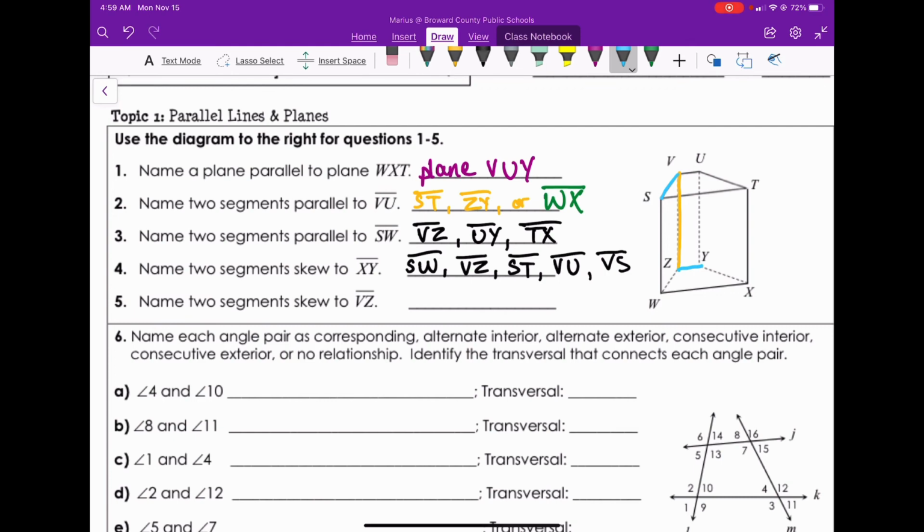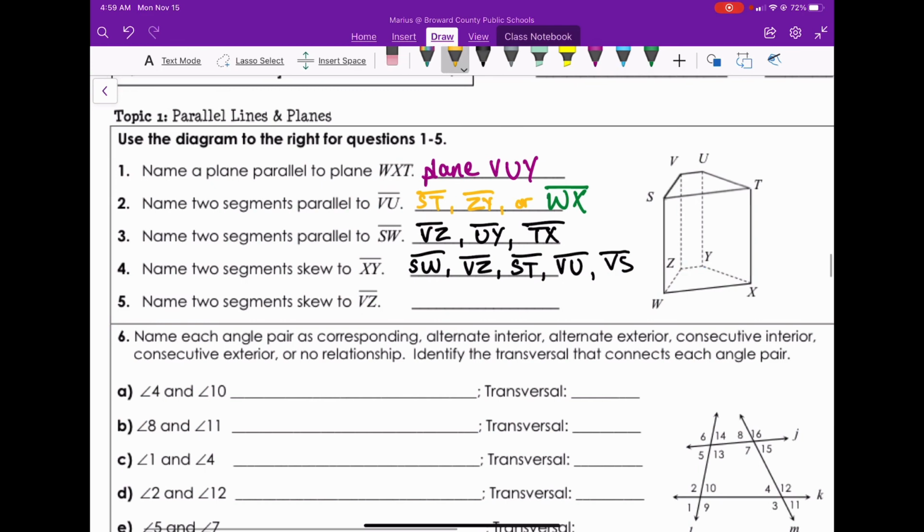Those are not skew lines to VZ, because when you trace it, you see that it touches VZ. Okay. Now, there is a line that looks as though it touches VZ, but it doesn't, and it's ST. Okay, so ST is in front of VZ, so ST would work. ST is not going to intersect.